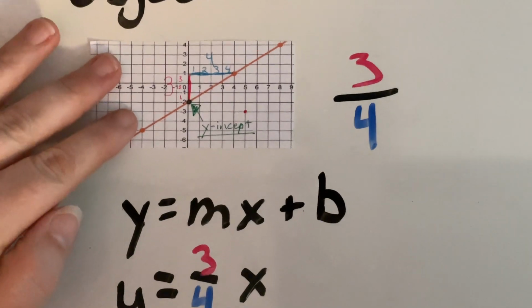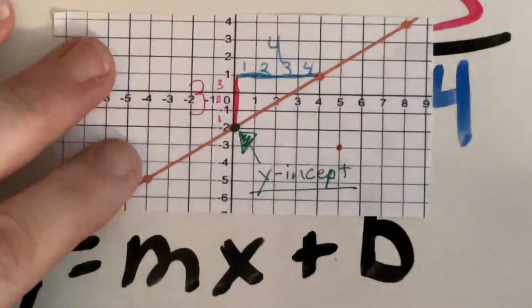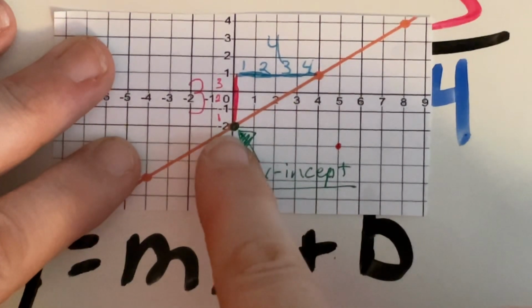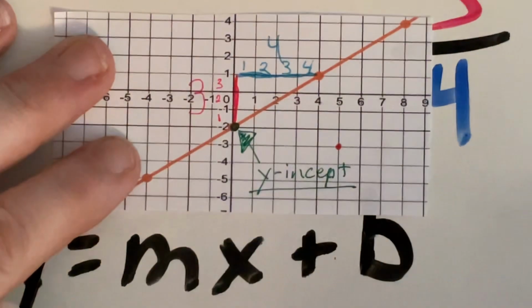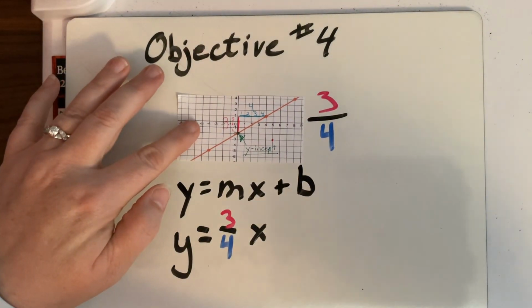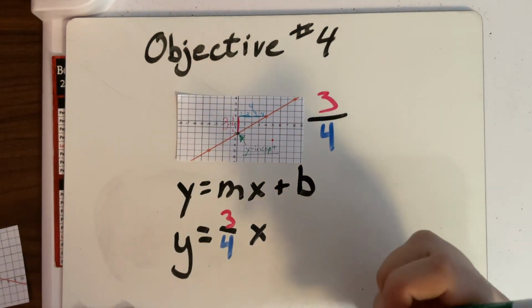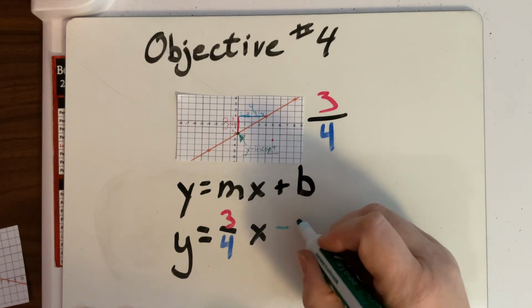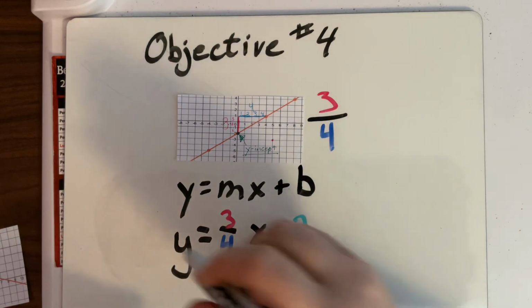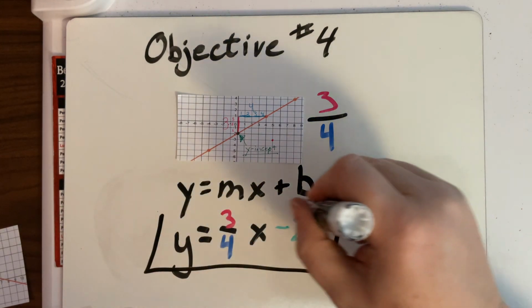Okay? And then next I've got my y-intercept right here. Does everybody see what number that is? If I get real close, see that's a -2. Says so right there. So then instead of plus b, I'm gonna write -2. And that, my friends, is my final answer.